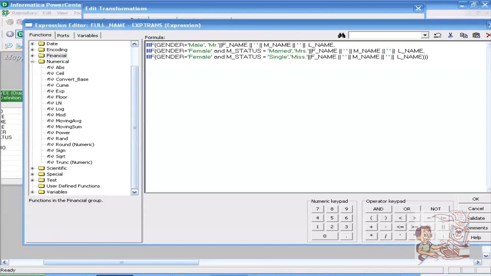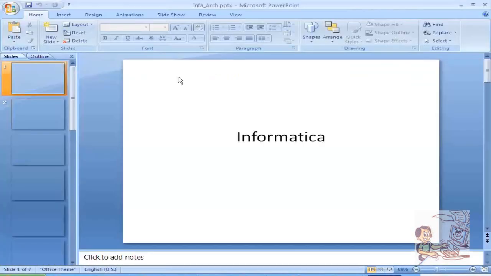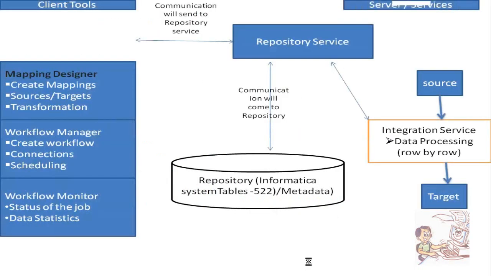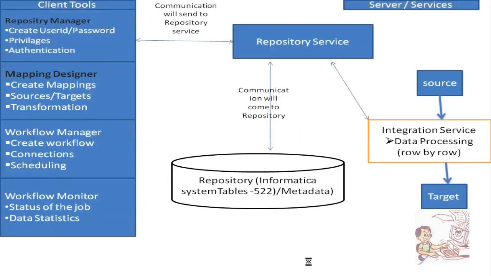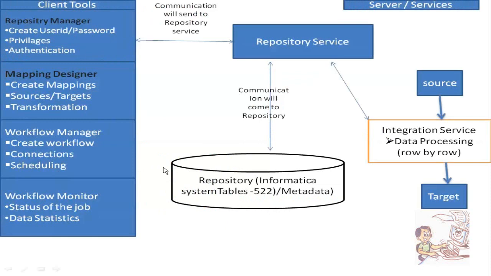See, when you are running your job, actually when you are executing your job, your integration service is there, right? Your source is here, based on the connection strings we are providing.